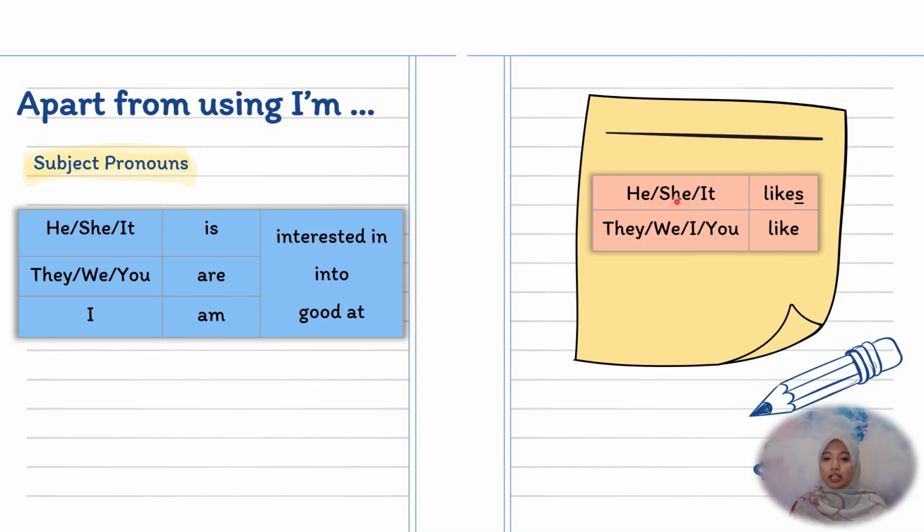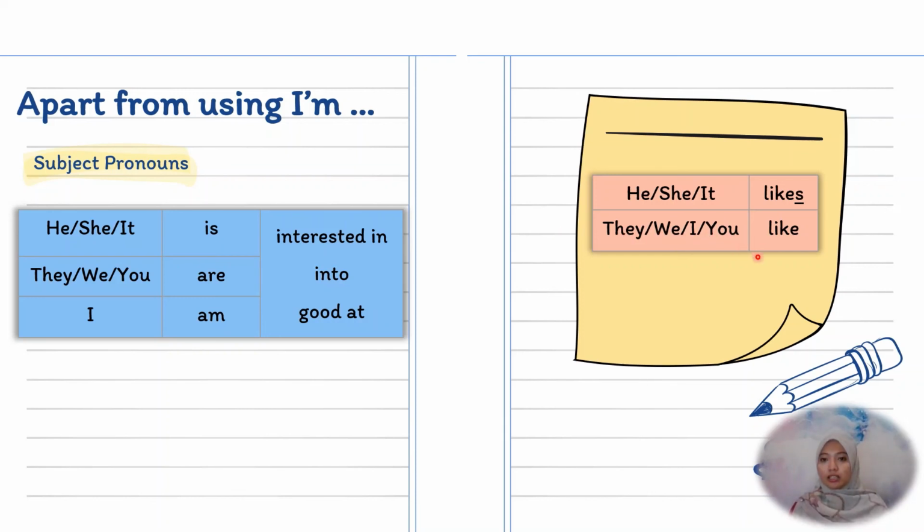For he, she, it, which is singular, the verb must be added with s. Maksudnya, bila kita gunakan he, she dan it, verb selepas itu ataupun kata kerja selepas itu, kita perlu tambahkan s. They, we, I, you adalah plural.